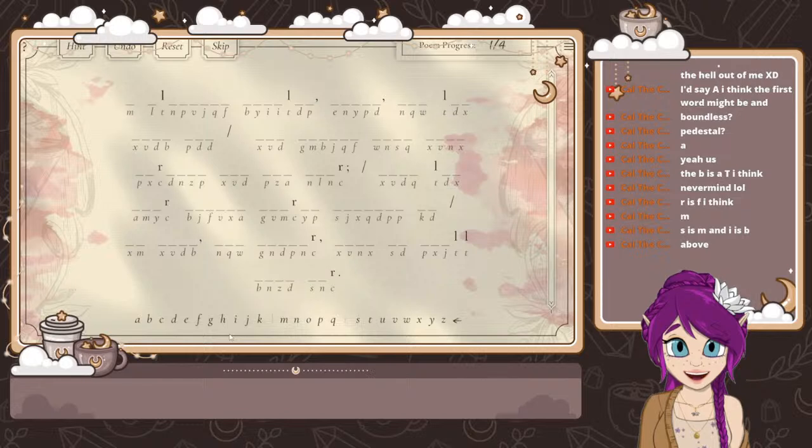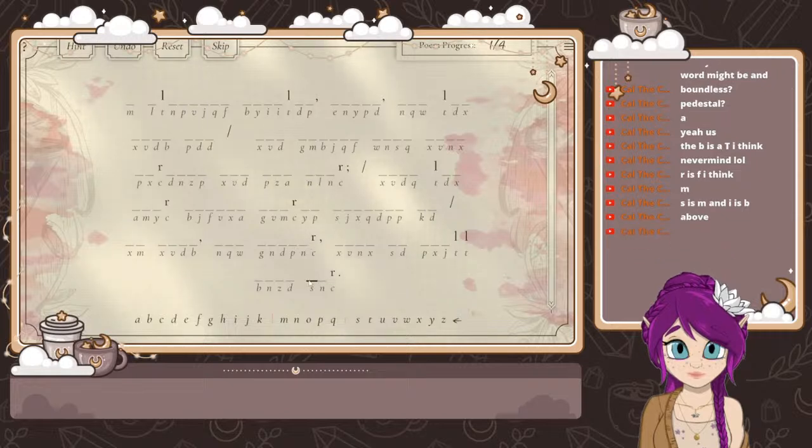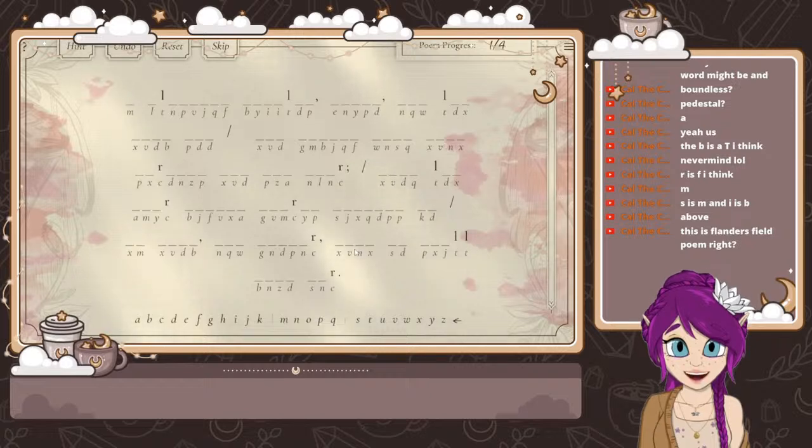They gave me two letters. L and R. That's it. Okay. I don't know if this is the Flanders Field poem. It's the only war poem I know, so I'm like, would it be funny if it was the Flanders Field poem? But I don't know if it is.